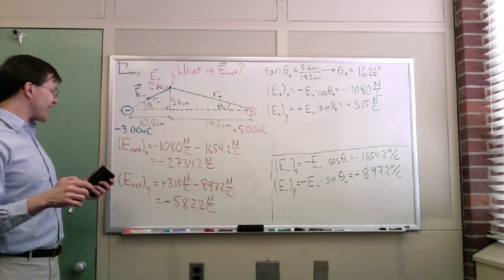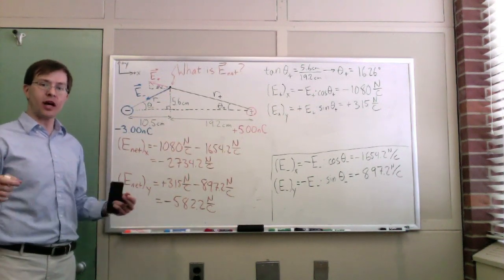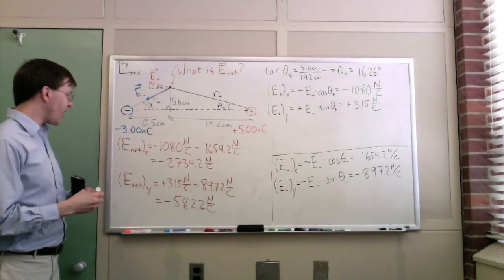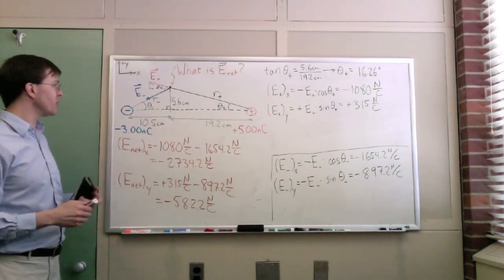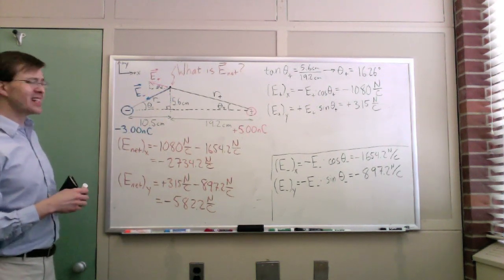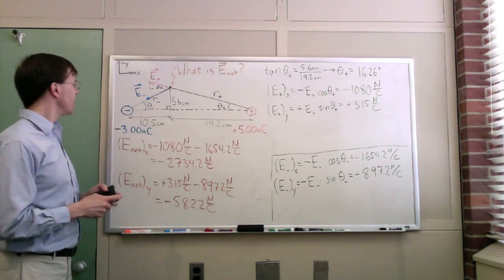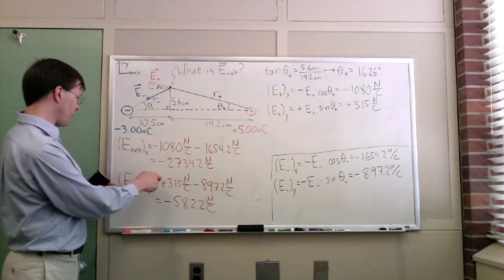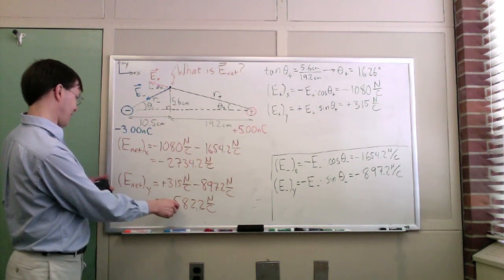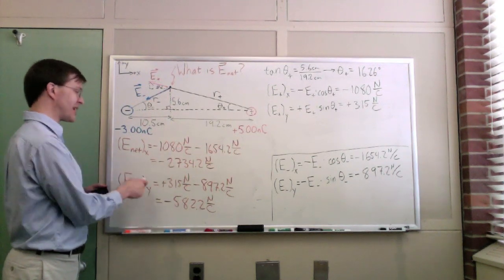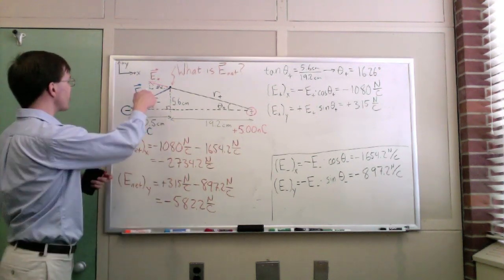All right, so that's my net field, and on some level I'm done right now. I've specified the X and Y components of my net field. We can ask, does this make sense? This looks like it's 4 or 5 times more X than Y. Well, that makes some sense looking at these two vectors.